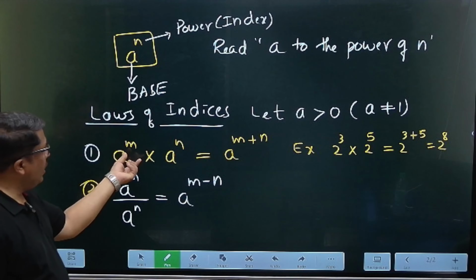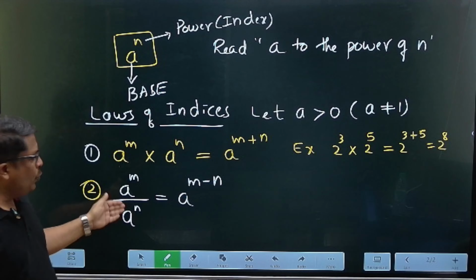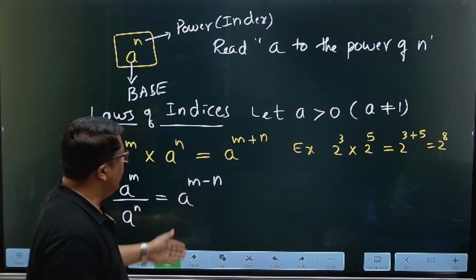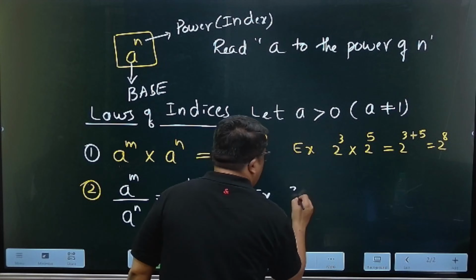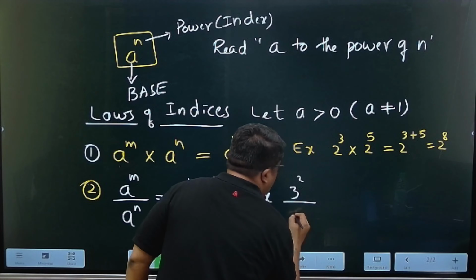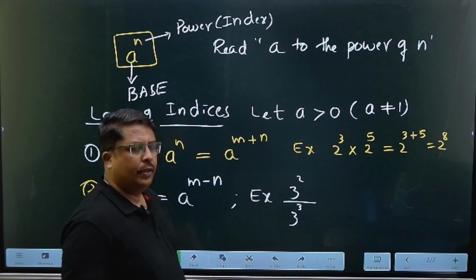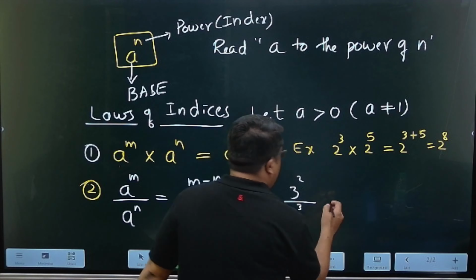When you multiply, you add the indices. When you divide terms whose bases are same, you subtract the indices. For example, 3 square by 3 cube. You can see that the bases are same.